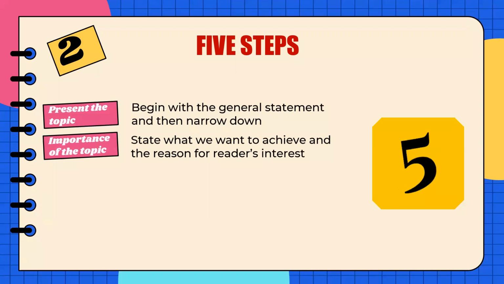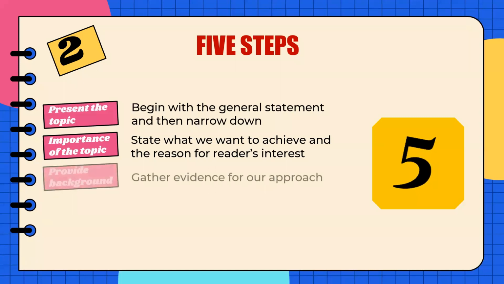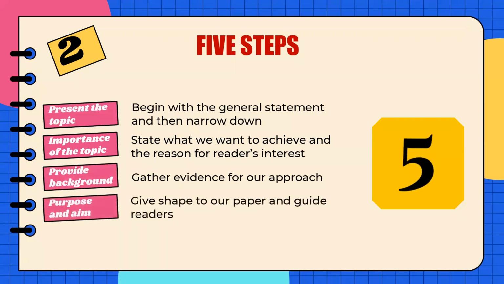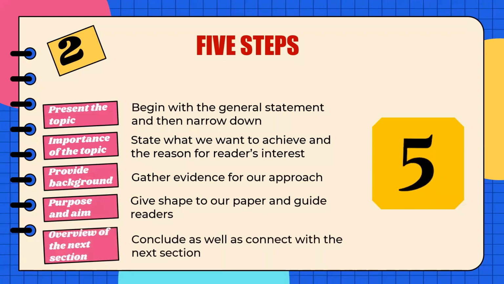That is, we state what we want to achieve and the reason why the reader should be interested in this particular topic. Third, we provide background information. That is, we gather evidence for our approach. Fourth, we talk about the purpose and aim. That is, we give shape to our paper and guide the readers accordingly. Fifth, we give an overview of the next section. That is, we conclude the introductory paragraph as well as connect the introductory paragraph with the next section.